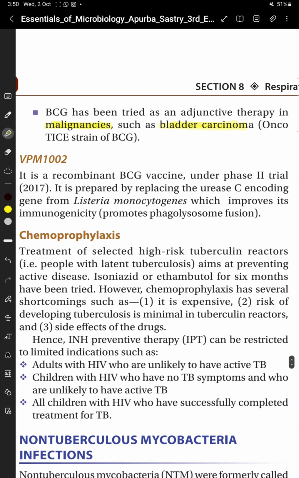VPM 1002 is a recombinant BCG vaccine under phase 2 trial.